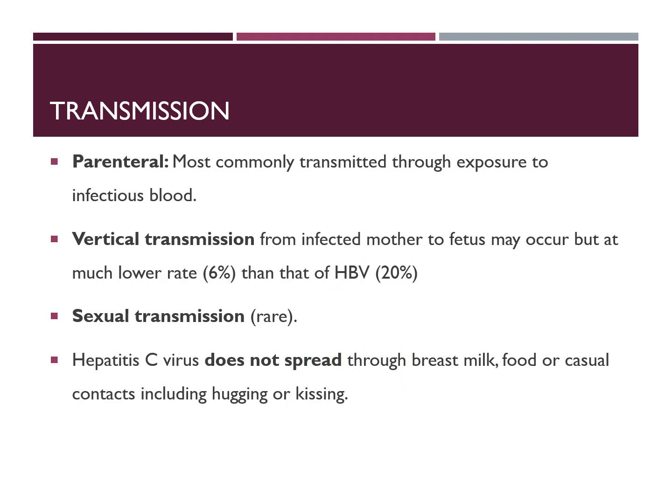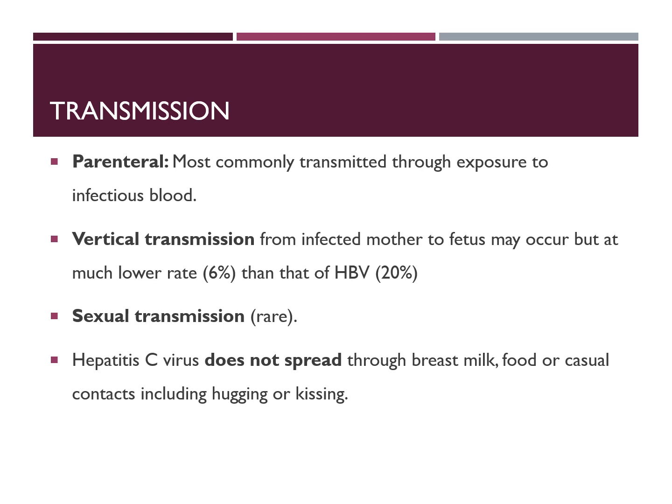Now how can this virus be transmitted? The main route is parenteral. It could be blood transfusion or needle prick injury; any parenteral route can be there. Then vertical transmission, that is from mother to child. Vertical transmission is more common in hepatitis B virus, where there is a 20% chance of transmission of the infection, whereas in hepatitis C virus it is much less than B, about 6%.